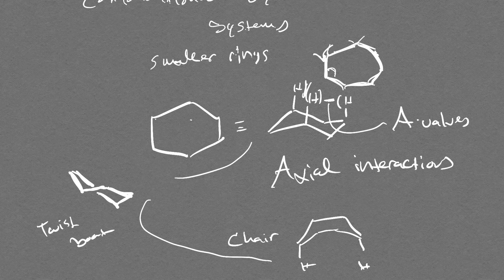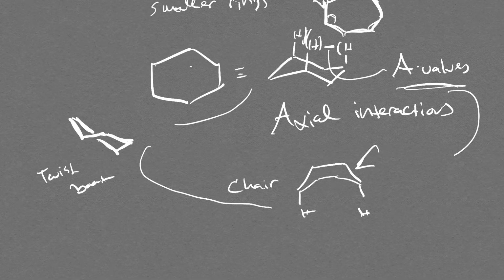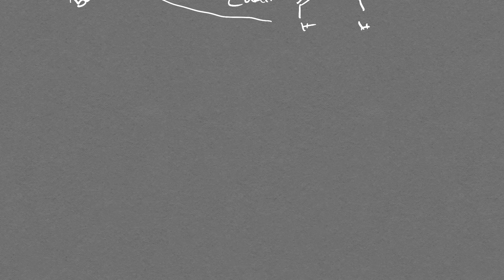The twist boat is on its way to the boat, and then that boat will go through another twist boat on its way to finally flipping over. And those chair flips are important in order to get the things that are touching each other in the axial position into an equatorial position, where they will be much more friendly. And so that is the conclusion.